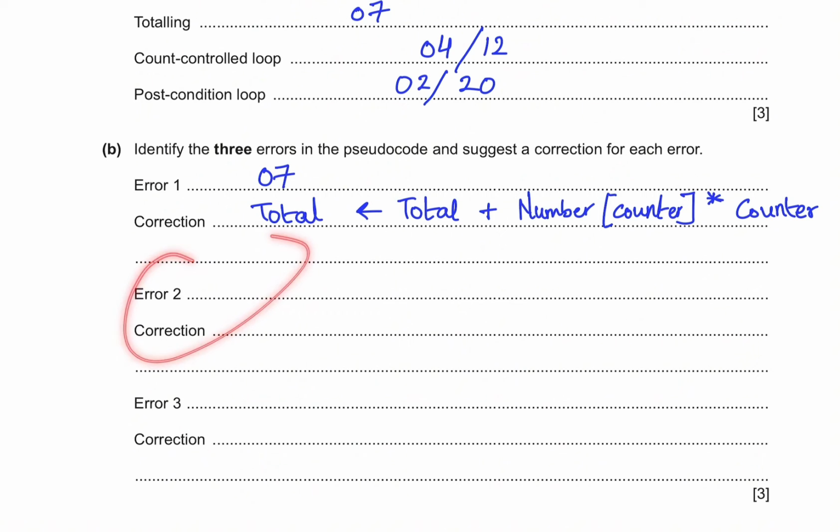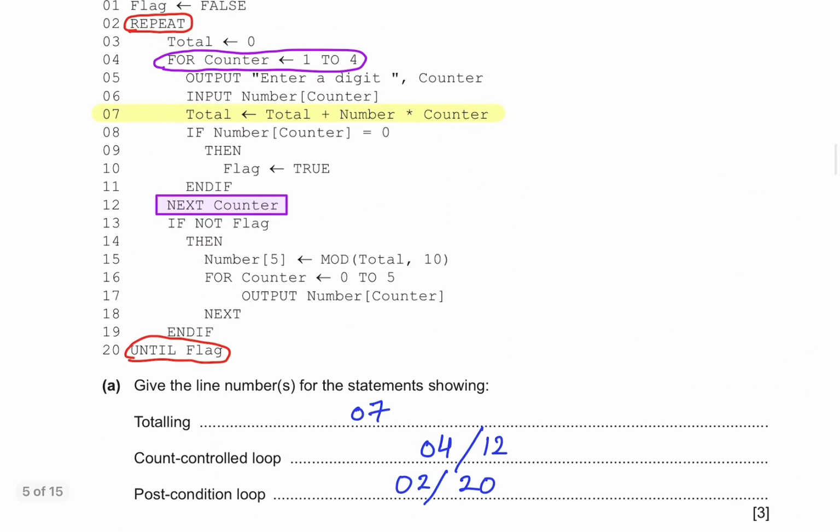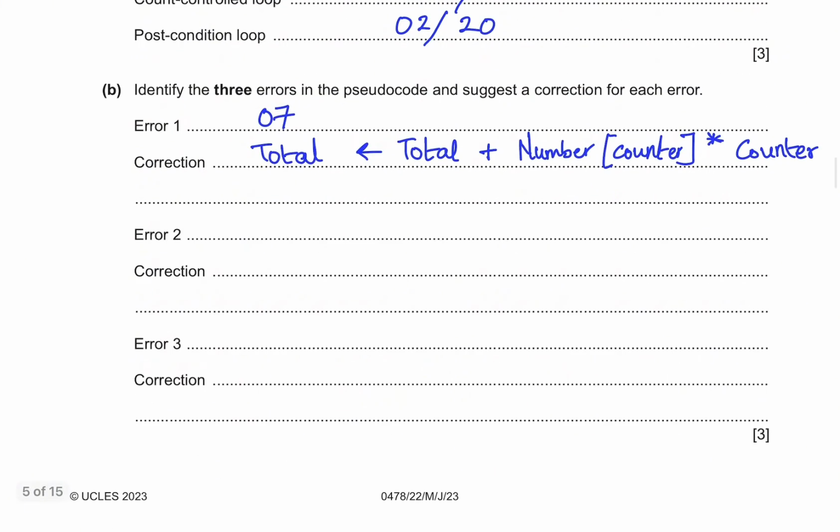The second error, let's check. Yeah, the second error is here. If number counter is equals to 0, this is wrong. So line number 8.